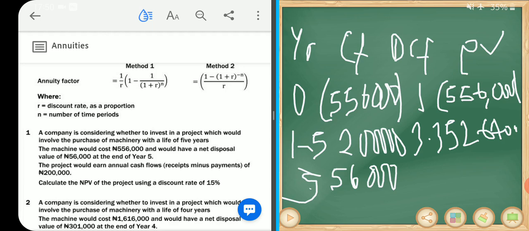Whichever one you use, I'll be using 1 plus 0.15 raised to power minus 5, and I got 0.497 as my discounting factor. By the time you multiply that with 56,000 naira, you are going to have 27,842 naira.